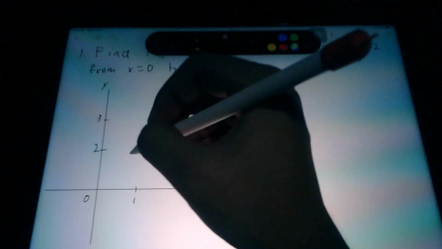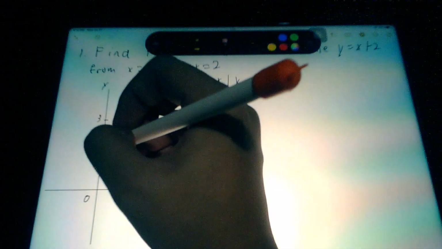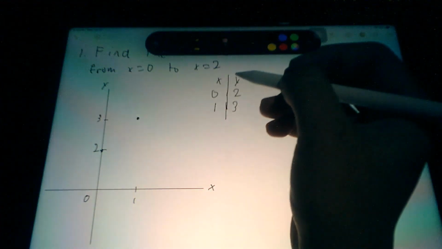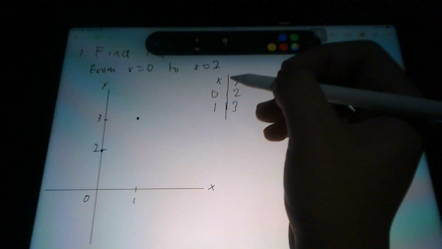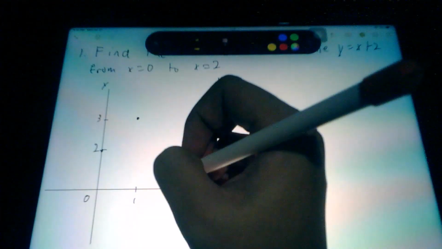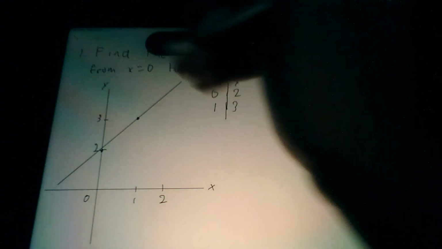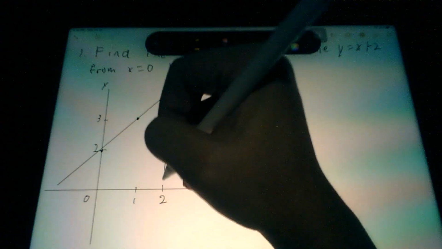So from 0 to 2, and from 1 to 3, and this is our 2 here. Our illustration should look like this. So it's bounded by this from 0 to 2.